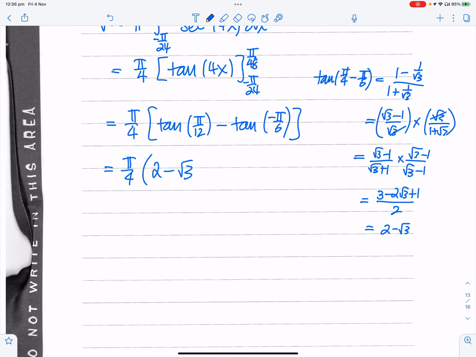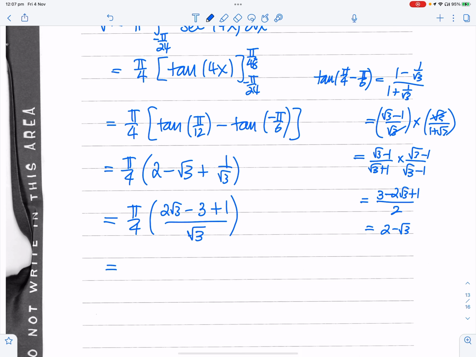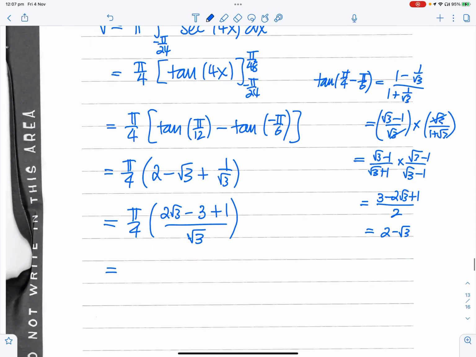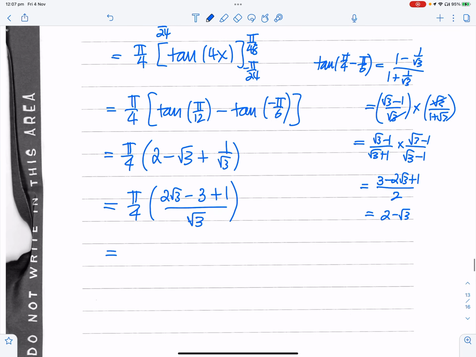What's tan of negative pi on 6 in the fourth quadrant? It's negative, and that's 1 on root 3. So plus 1 on root 3. All right, so we got pi on 4 times 2 minus root 3 plus 1 on root 3. Fire up, can't be bothered anymore. That we can just say is minus 2.